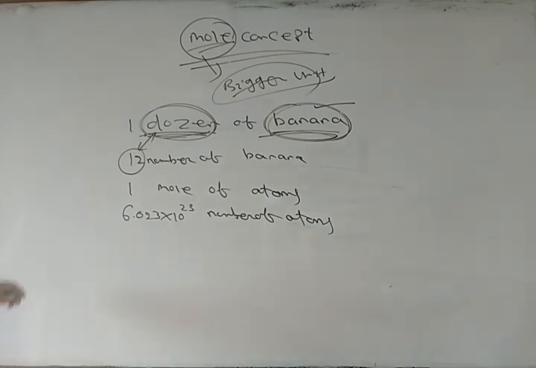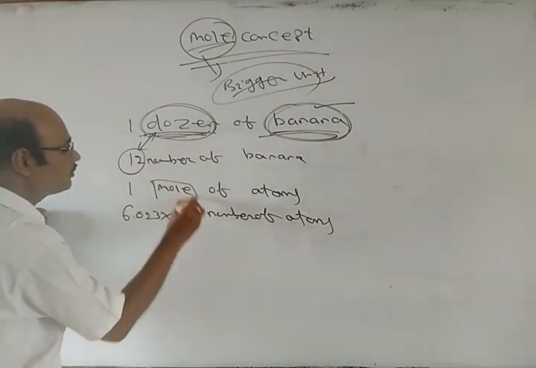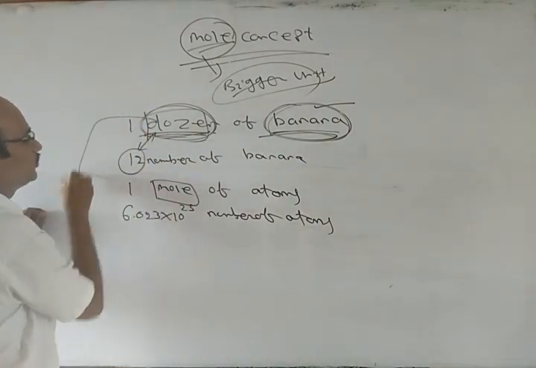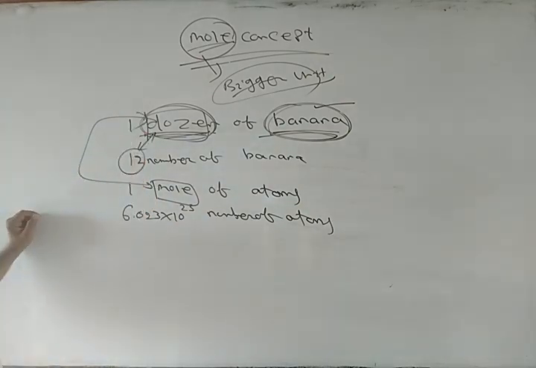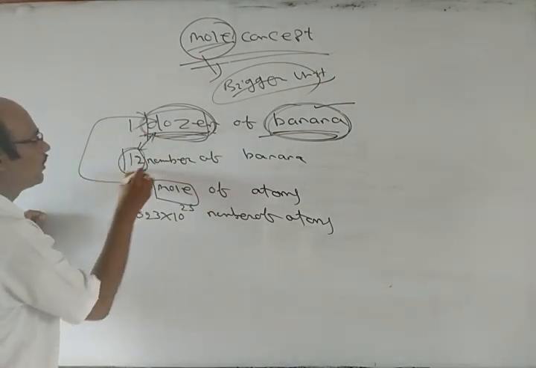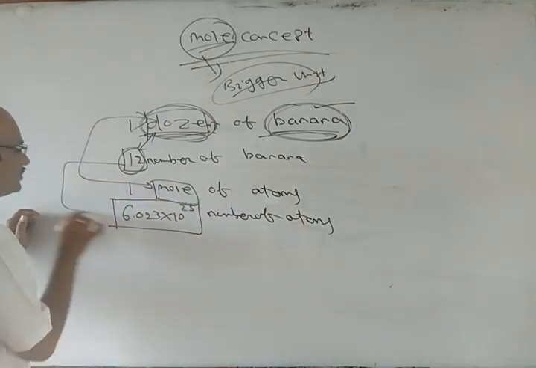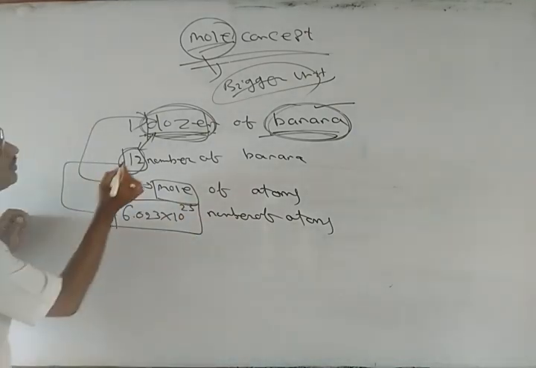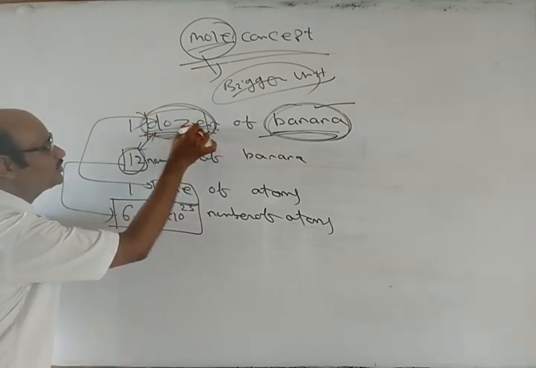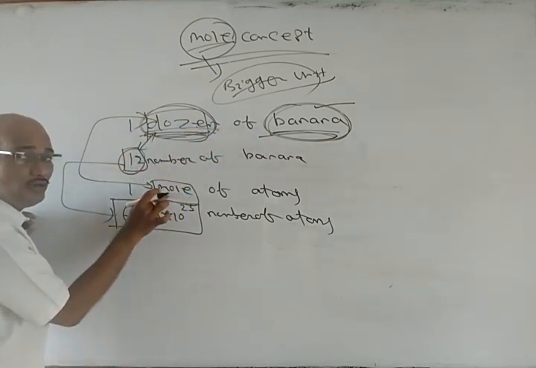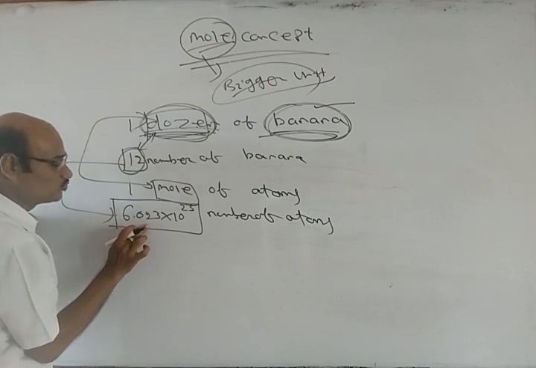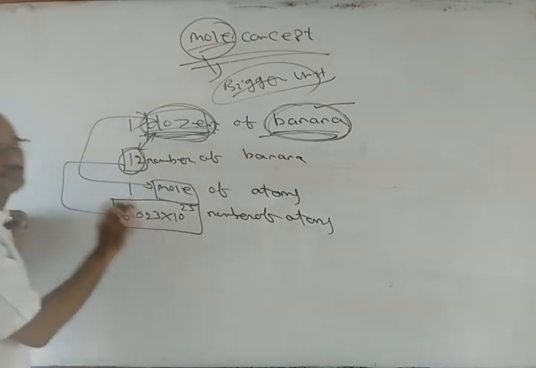So what I can say here, this mole and the dozen are two similar terms. Similarly, this 12 number and 6.023 into 10 power 23 are similar terms. Here dozen refers to 12 number, here mole refers to 6.023 into 10 power 23 number.